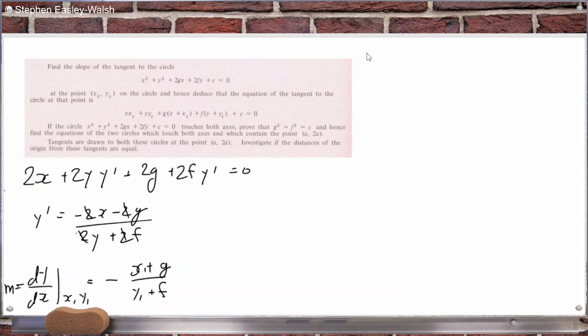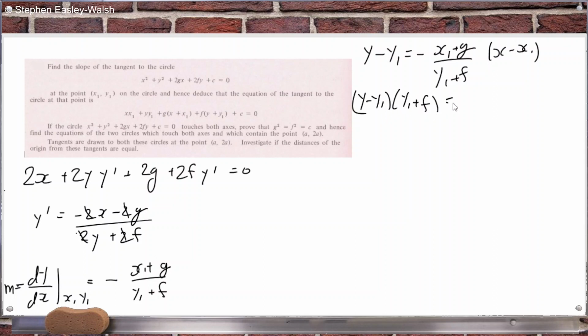Okay, so the equation of the line, which is the tangent here, is y minus y1 equals m times x minus x1. I'll cross multiply, so that's y minus y1 times y1 plus f equals x1 plus g, and I'll put the minus in the second guy, x1 minus x.